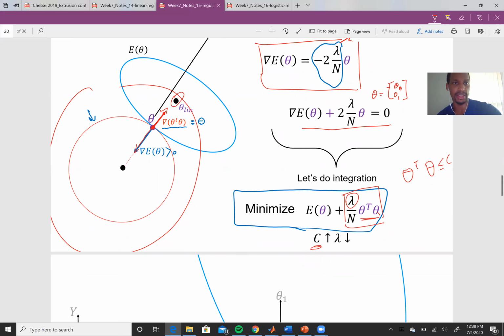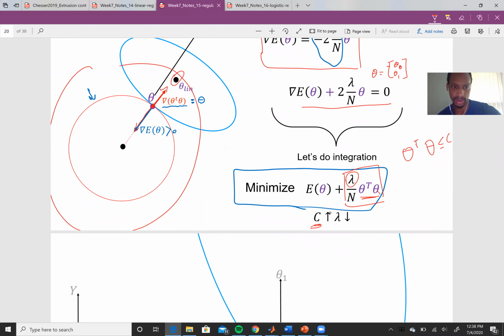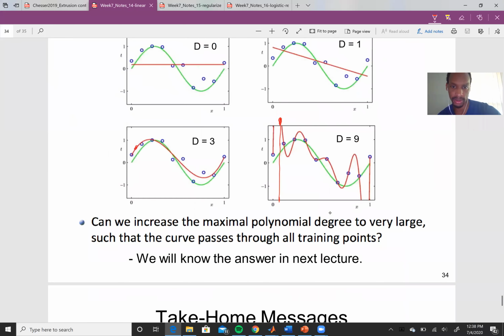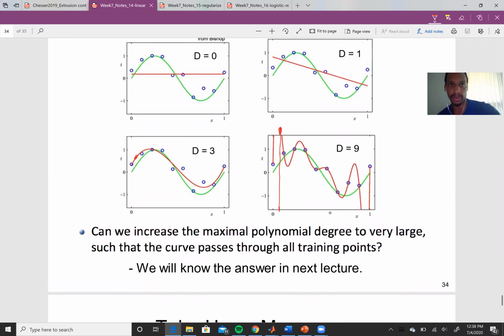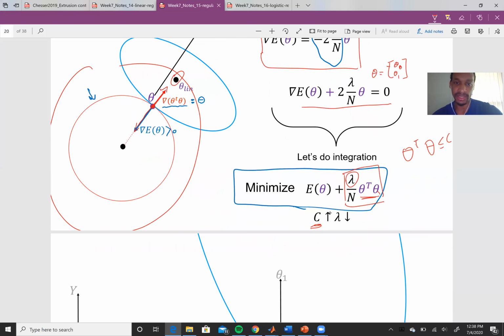So I just had a thought that maybe the answer to this question is that you can still constrain the thetas such that, yeah, that's kind of the idea.